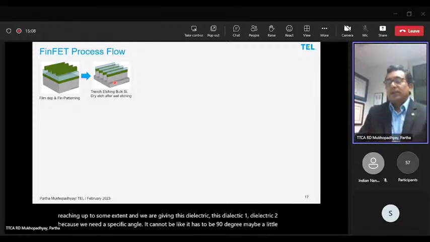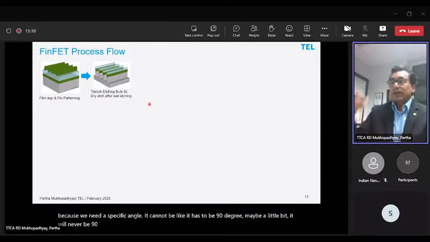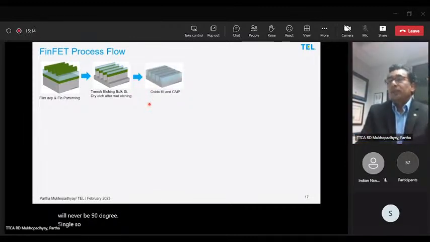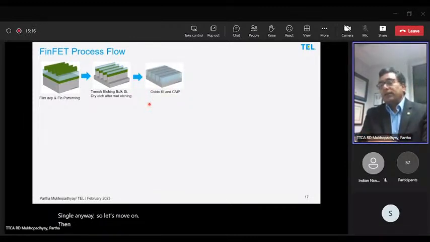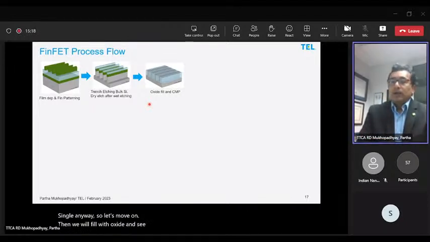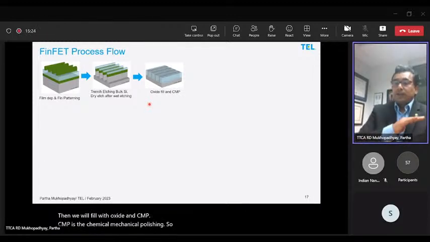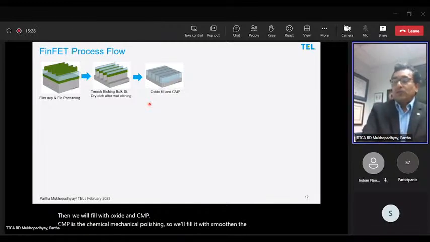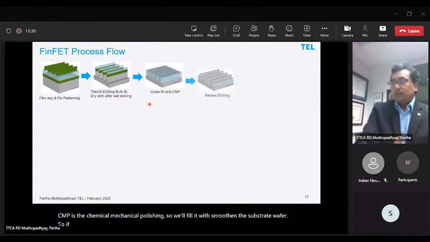It will never be a 90 degree angle anyway. So let's move on. Then we will fill with oxide and CMP. CMP is chemical mechanical polishing. So we'll smoothen the wafer surface after filling it with oxide.